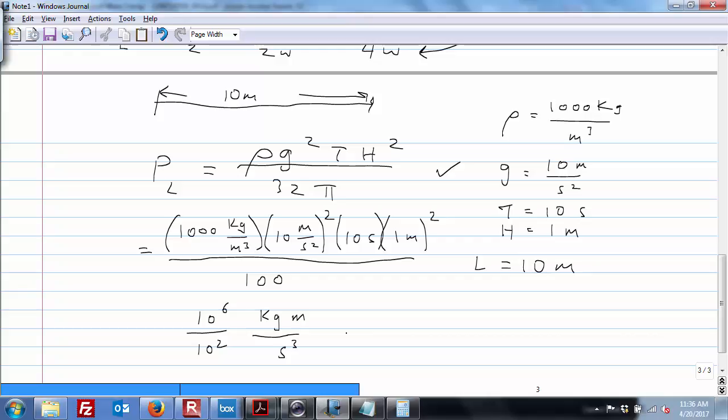It's 10,000 watts per meter. So we've got 10 kilowatts per meter. And if our device is 10 meters long, we're talking a 100 kilowatt device.